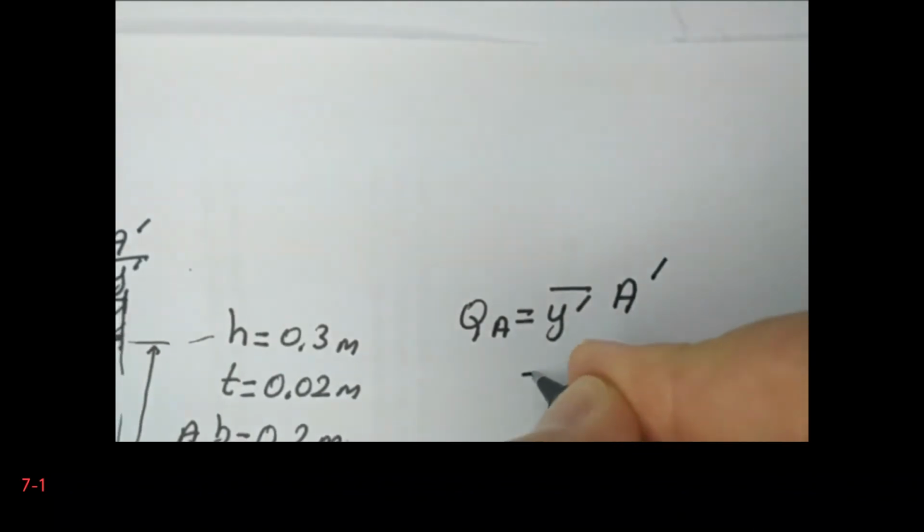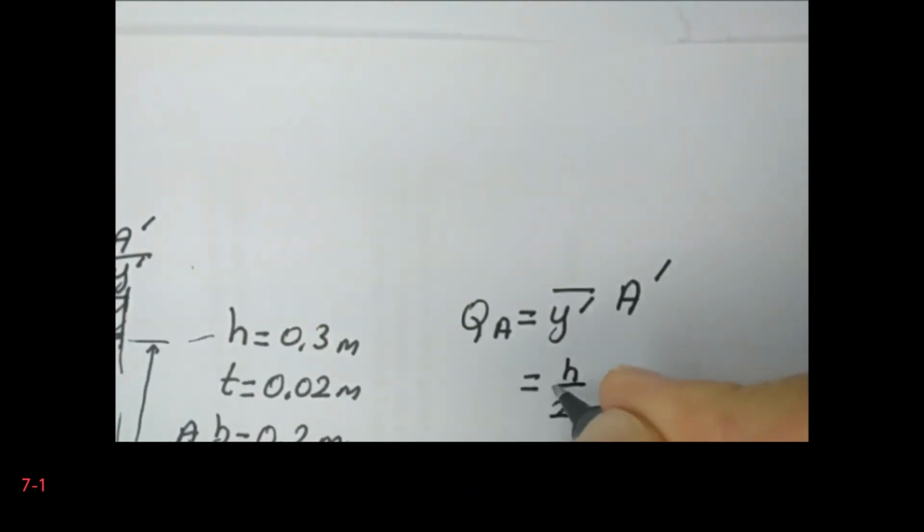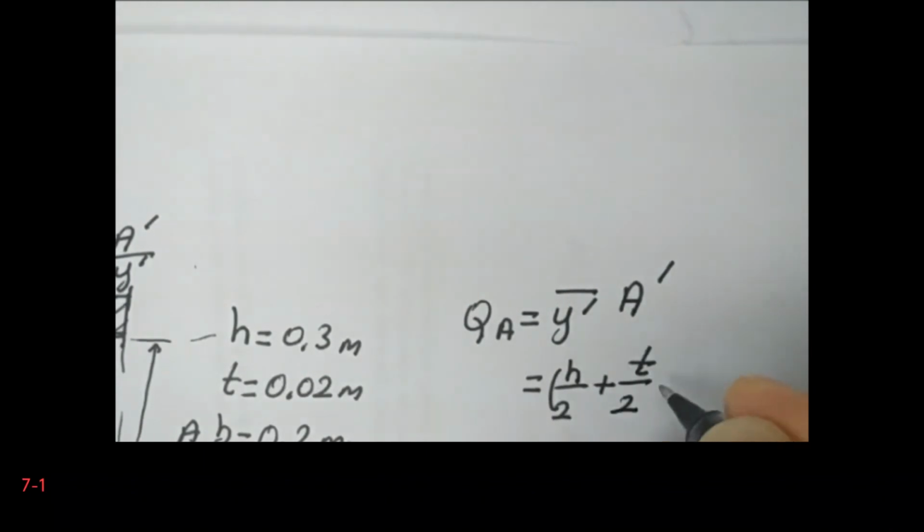The y prime is located at H divided by 2 plus T divided by 2.